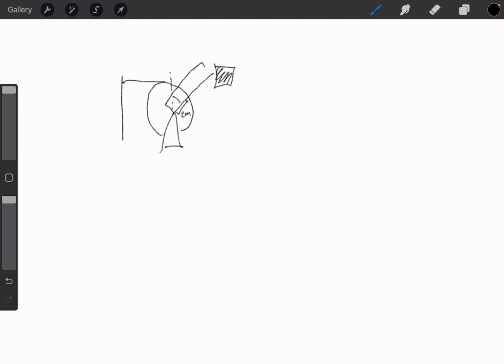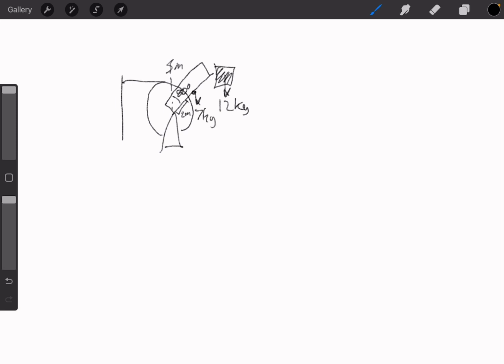So we know that this whole thing is 5 meters long, and we're given this angle of 50 degrees. And the load has a mass of 12 kilograms. Beam has a mass of 7 kilograms. Okay.